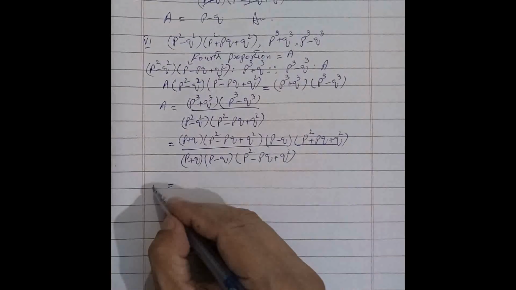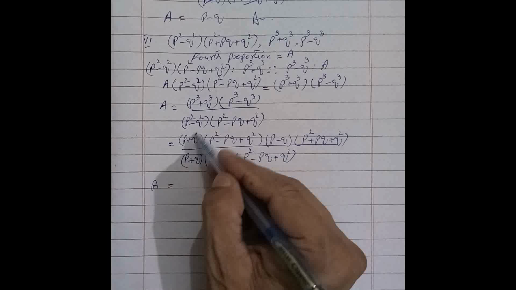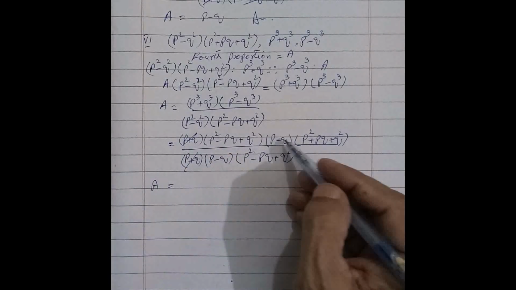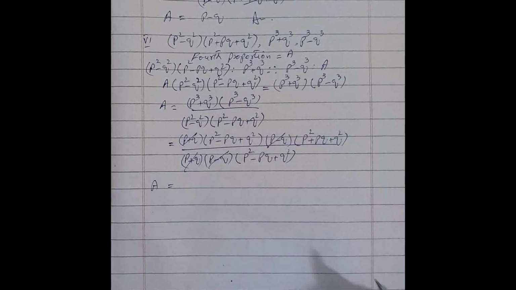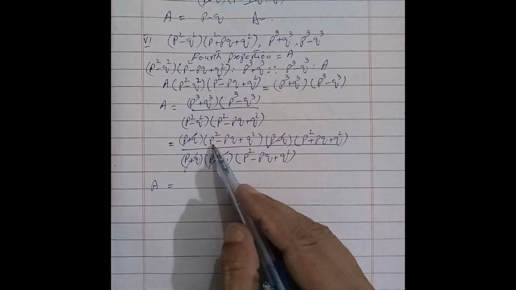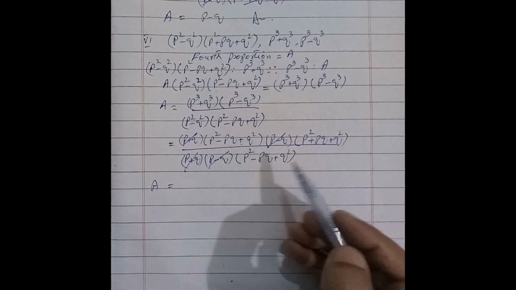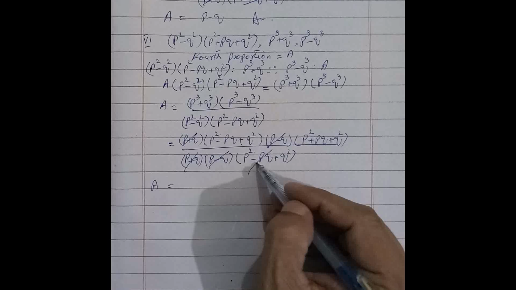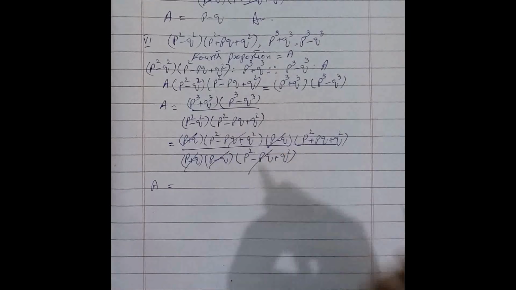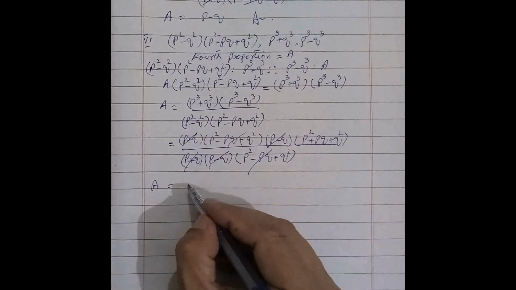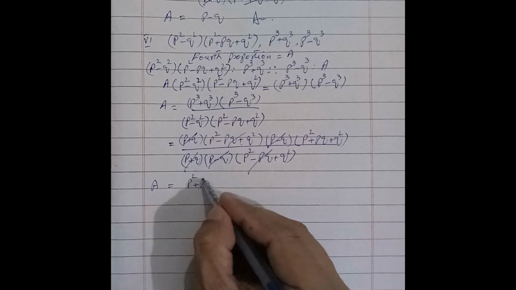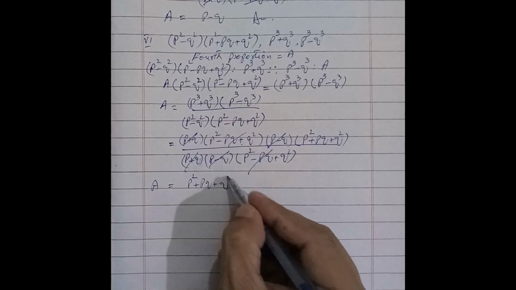Now simplify these values. P plus Q cancels with P plus Q, P minus Q cancels with P minus Q, P square minus PQ plus Q square cancels with P square minus PQ plus Q square, and the value we find is P square plus PQ plus Q square.